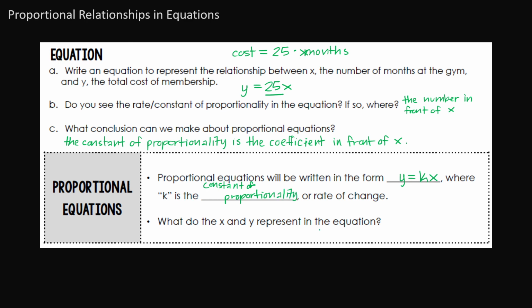And so x and y in the equation represent different input and output values. In this case, x represents the input, which is the number of months we want to go to the gym. Y represents the output, which is the cost for going to the gym for that number of months. Input x, output y. It's kind of like a machine.